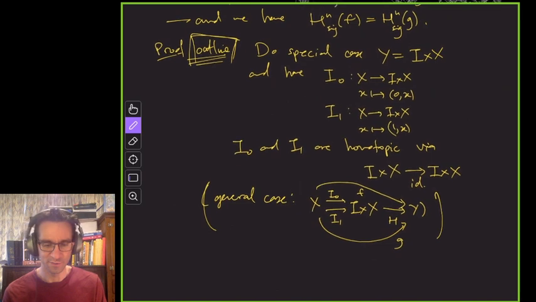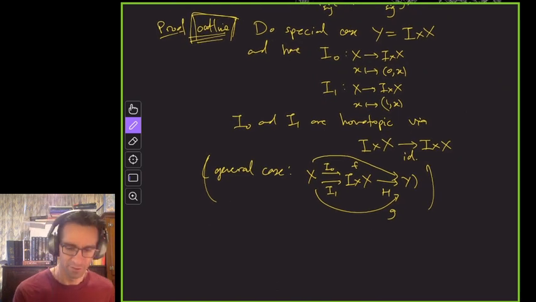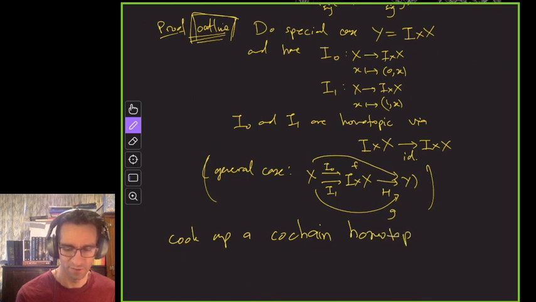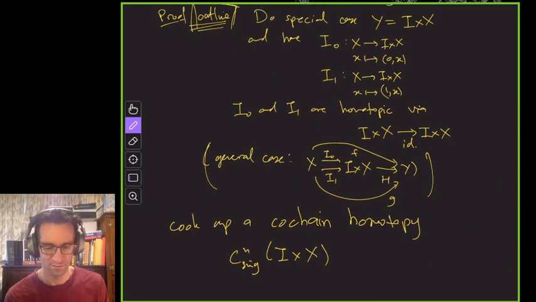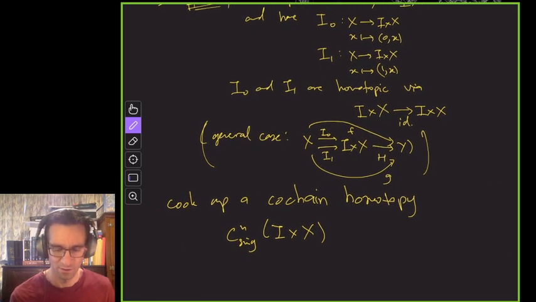So how do you think about the special case? You have to cook up a cochain homotopy, which is now a purely algebraic thing, but you do it very, very carefully. So you take this one here, it has to map to C^(n-1) of x.